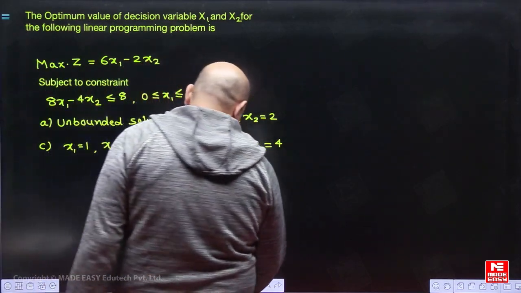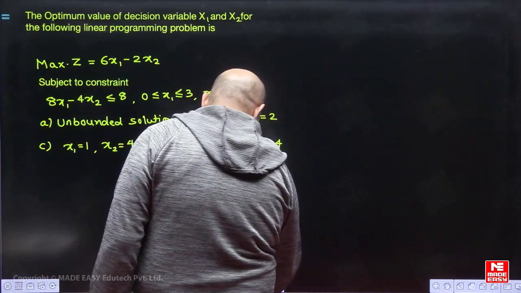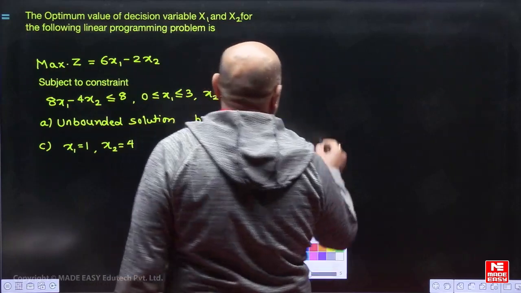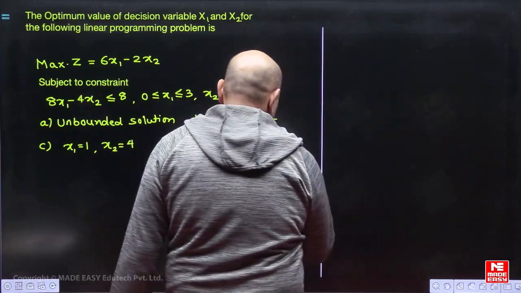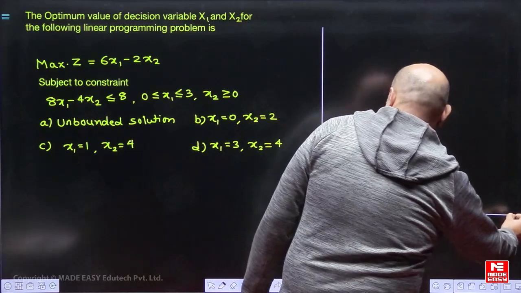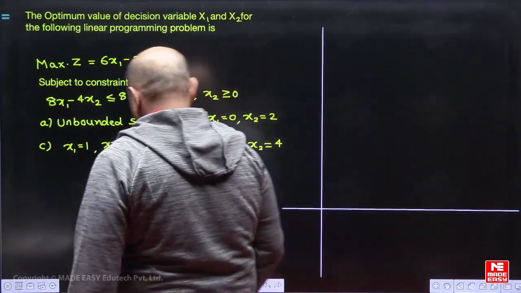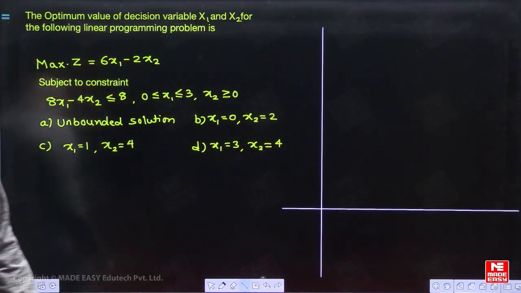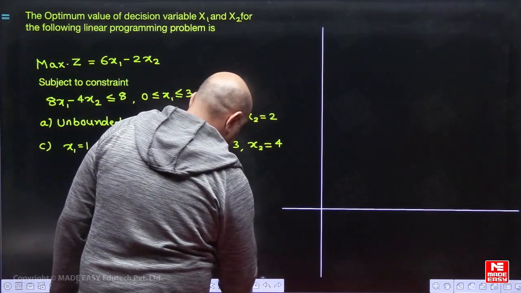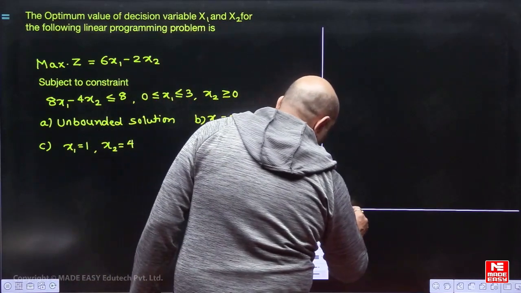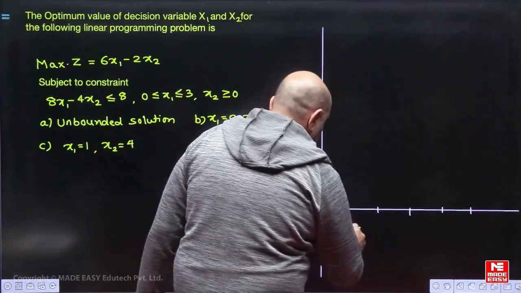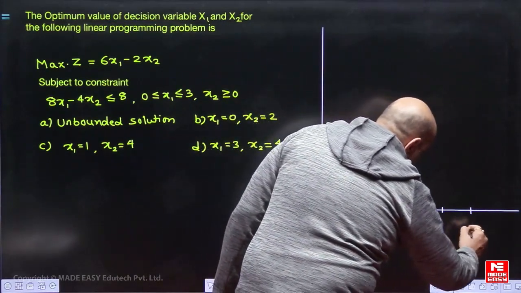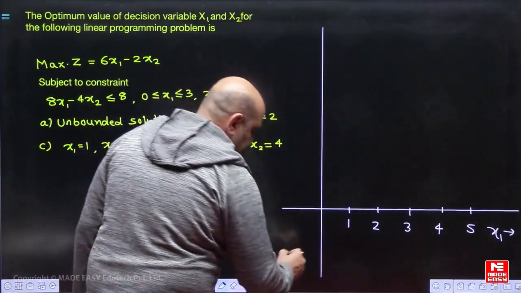So first of all we know everyone we have to plot out the graph. So first of all we'll plot the lines. अपन up to scale plot करेंगे, अदरवाइज गलतियां हो सकती हैं बच्चों से जल्दी जल्दी में.